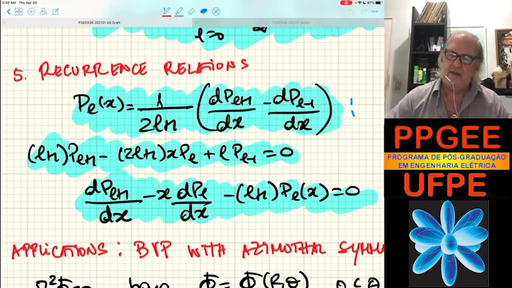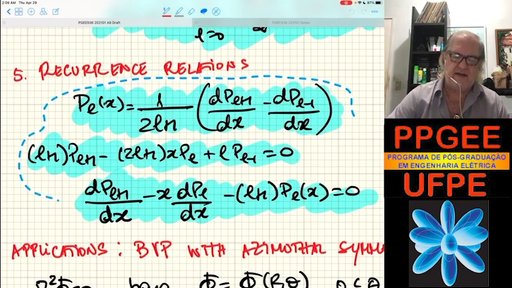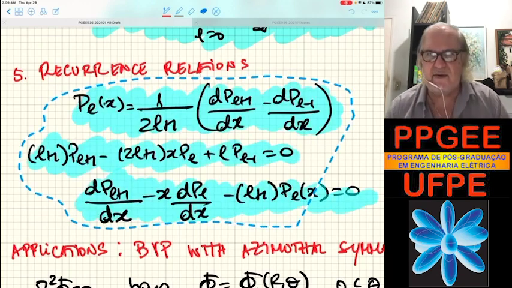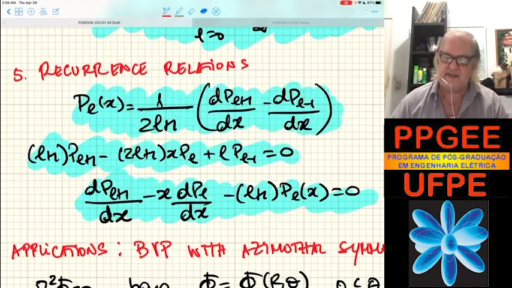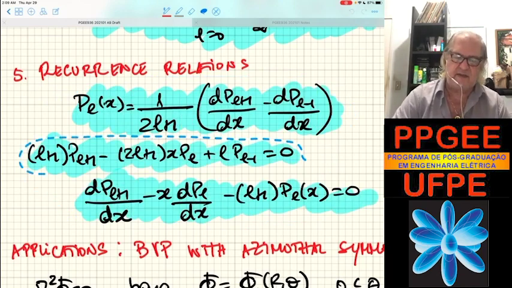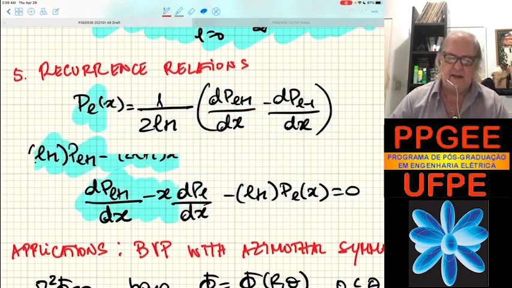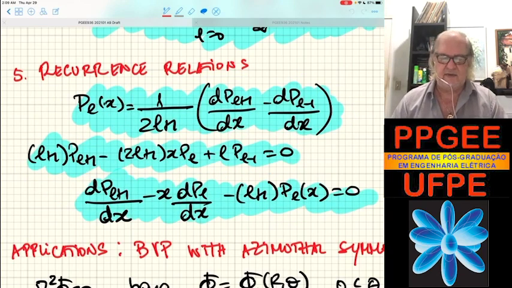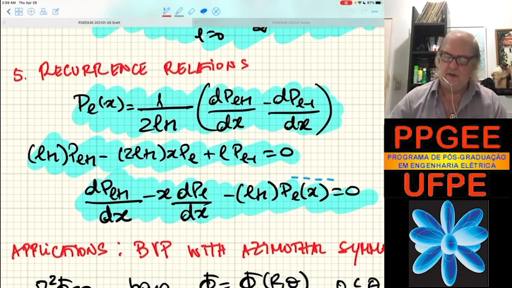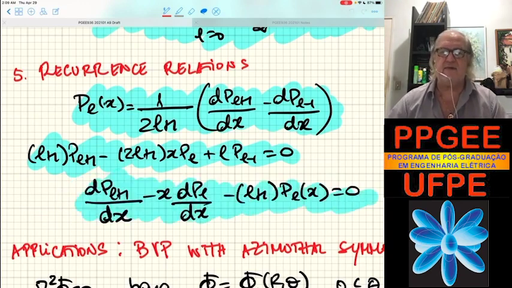These are general properties of the so-called hypergeometric functions. They have similar properties, similar recurrence relations. This one is an interesting one, and so on. I'm just going to write that down without demonstration.